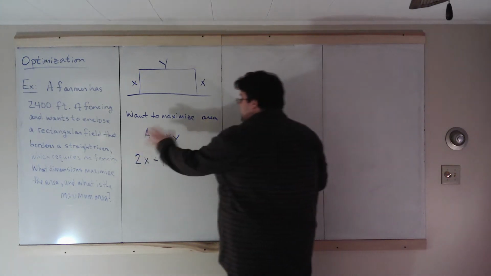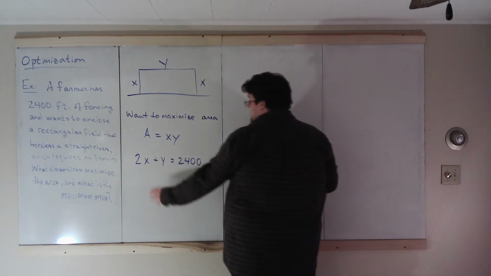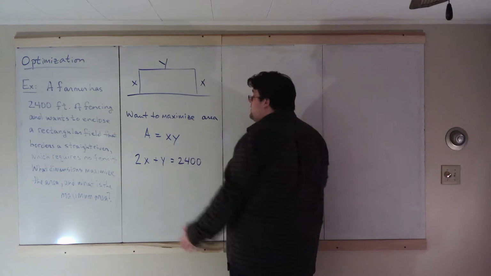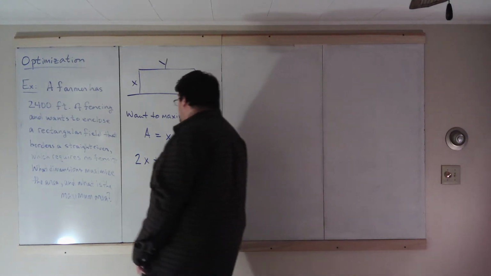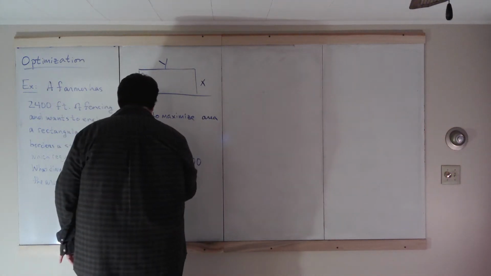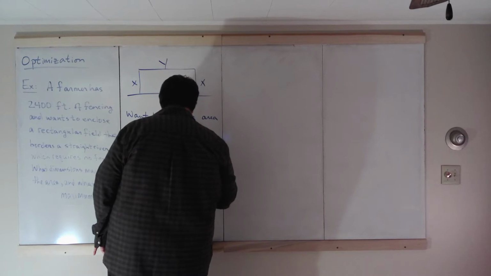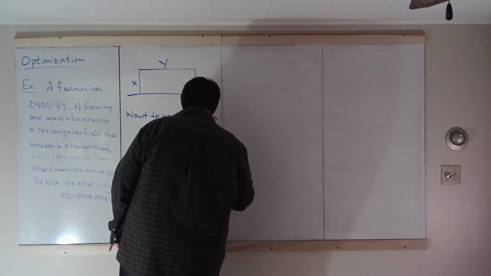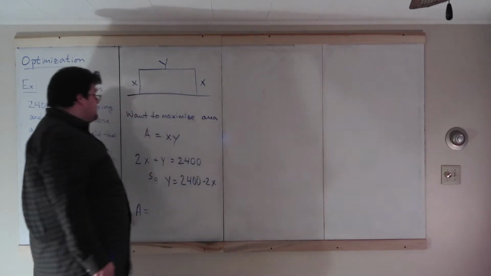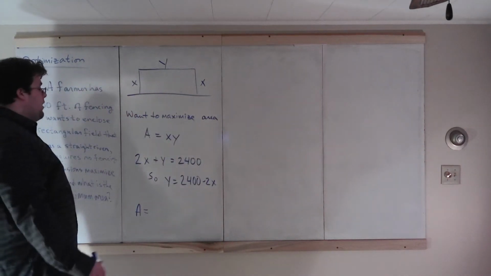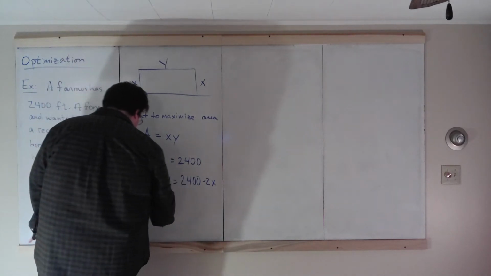We have these 2 functions. Our second is our constraint function. So we can solve this one for x or y and eliminate x or y. Here I'm going to solve it for y. So y equals 2,400 minus 2x. And so our area function, since we solved that for y, we can now write our area function in terms of just x by replacing y with 2,400 minus 2x.